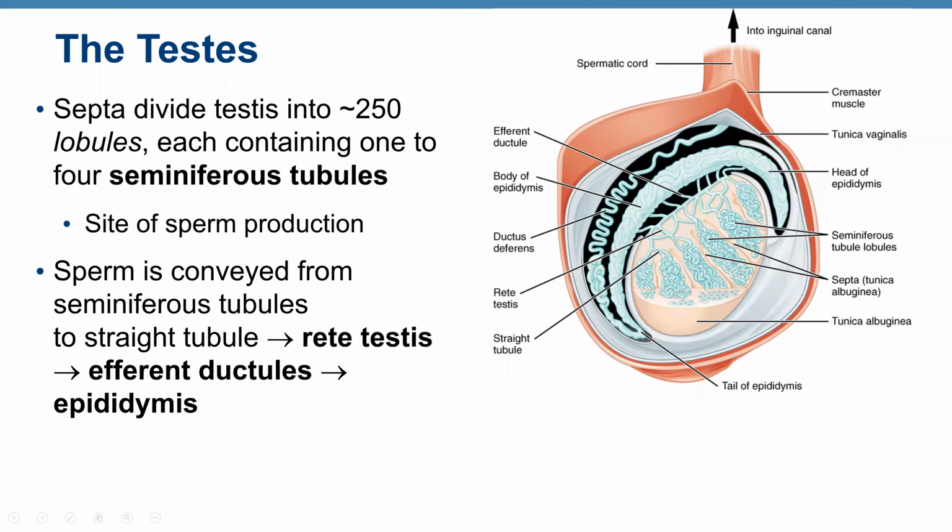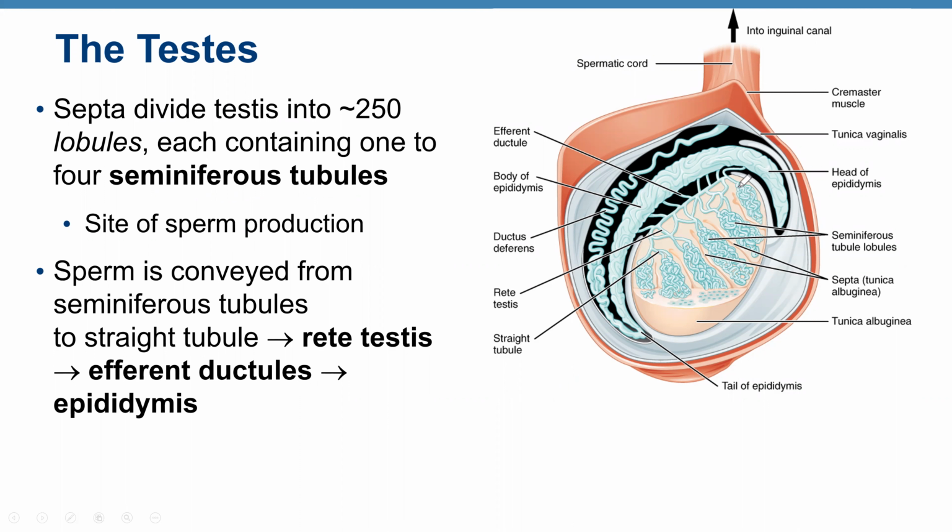Now, testis. Septa divide the testis into about 250 lobules, each containing 1 to 4 seminiferous tubules. So here's a diagram, right? We have our tunica albuginea, that is connective tissue making a capsule of the testis.